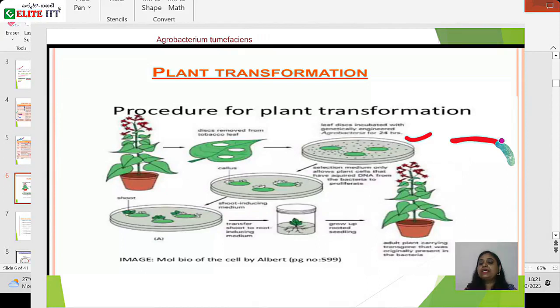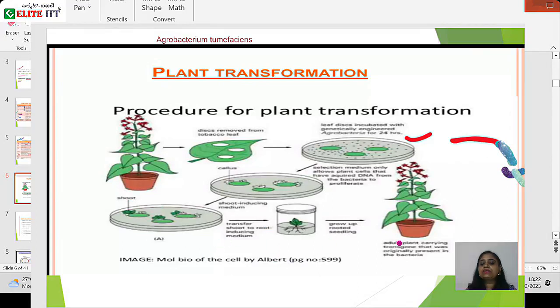Okay, so in that case, a marker gene, or you can consider an antibiotic resistance gene, is also attached with the gene of interest. Okay, so if you grow this cell in the antibiotic, what will happen? Only the recombinant one will grow properly, because the antibiotic resistance gene is attached with it, and other cells will die.